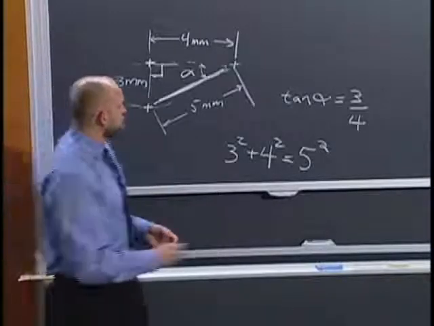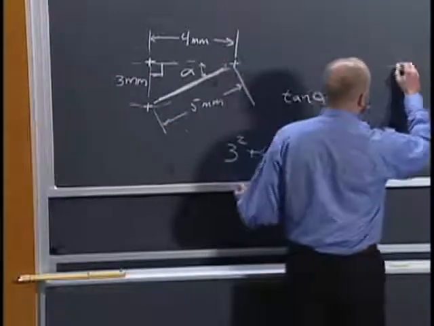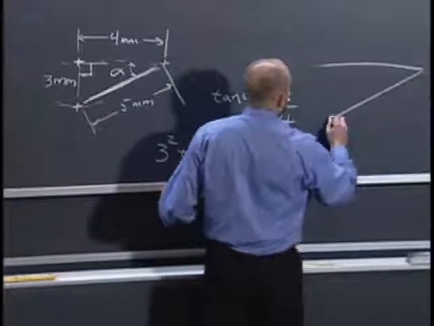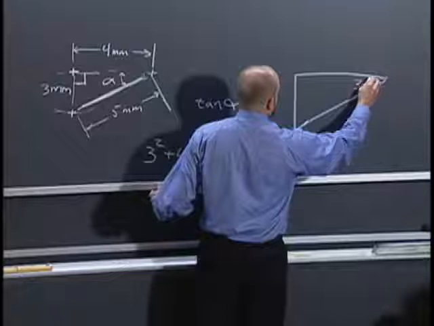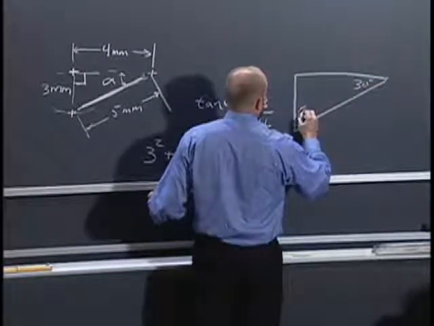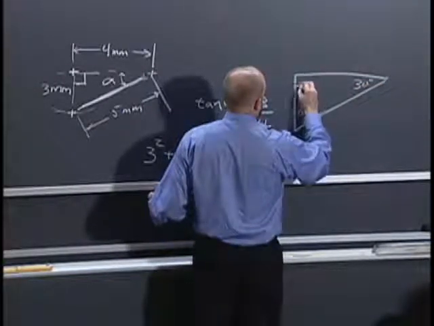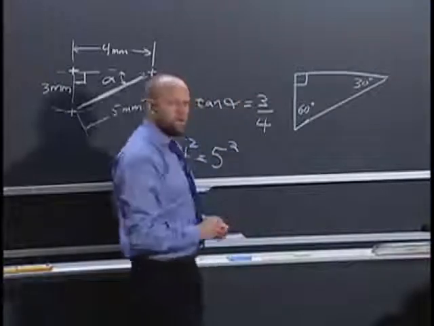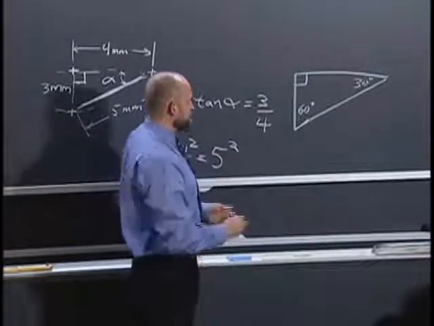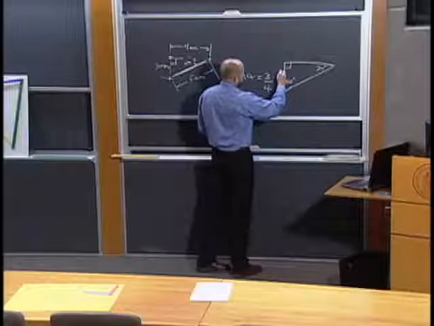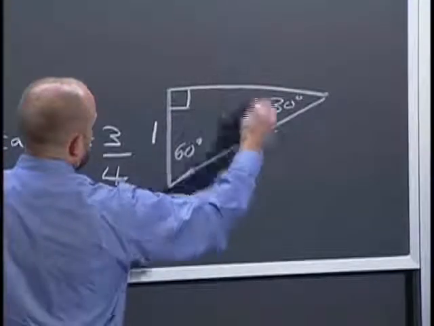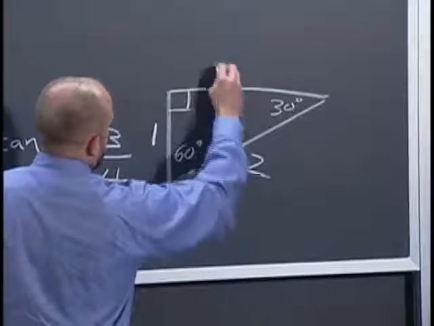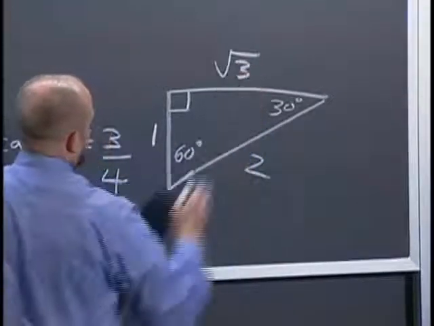For example, I can draw another triangle here. And what if it has 30 degrees here, 60 degrees here, and a right angle there? Now, one thing that you might commit to memory is that the sides of this triangle are in the ratio 1, 2, and the square root of 3.